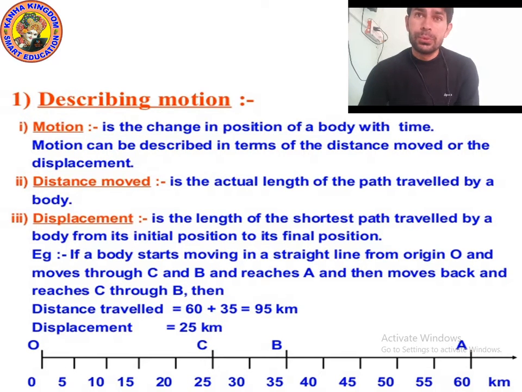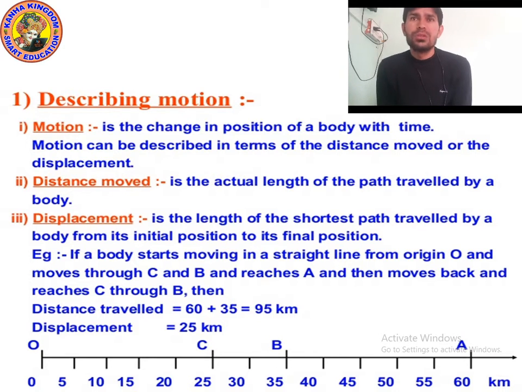Okay, kids. So what is motion? As you can see on your screen, I have written the definition. Motion is the change in position of an object with respect to time. Change in position means going from one place to another place with respect to a reference point.